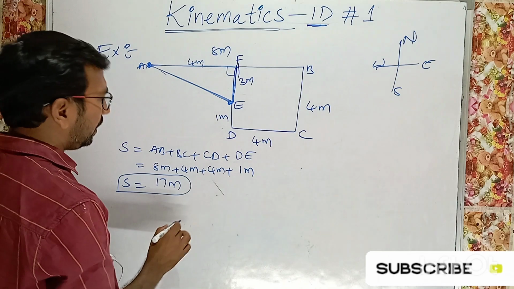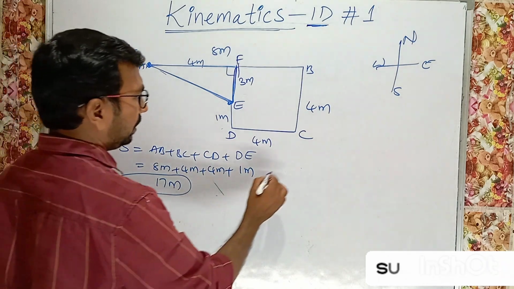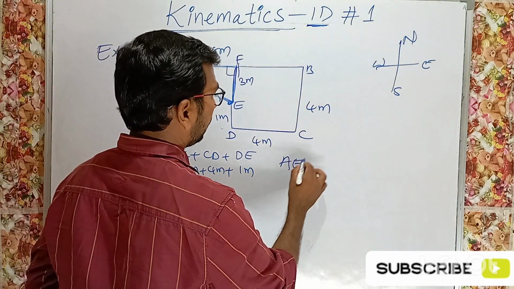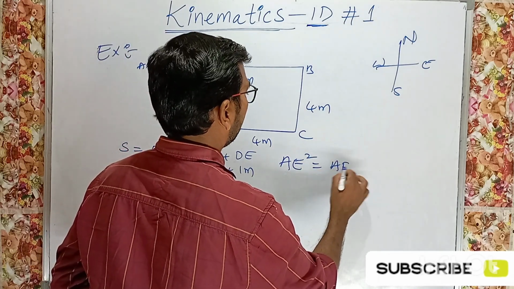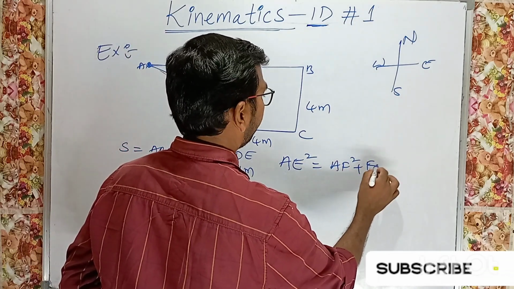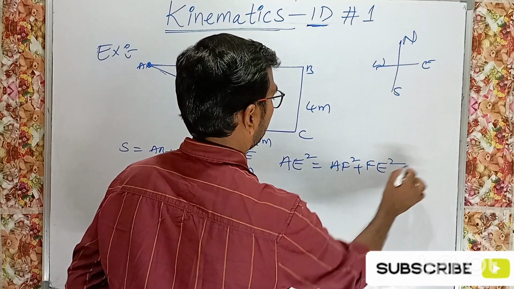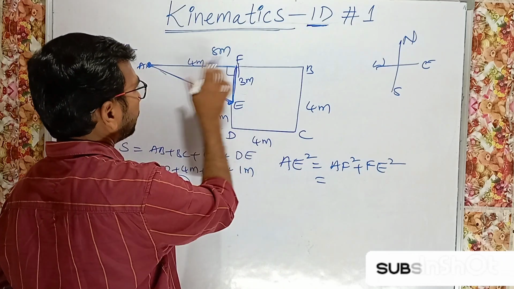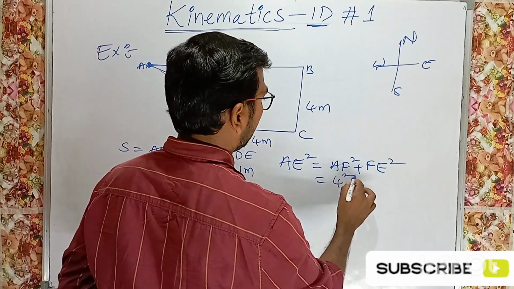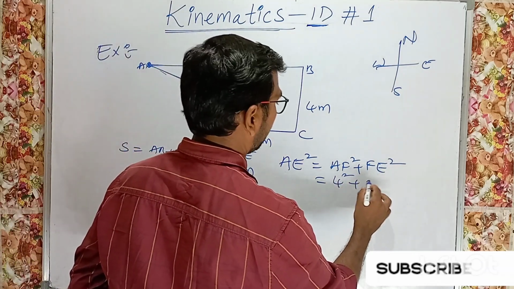So you can find here AE square is equal to AF square plus FE square. Here AF square is 4 square plus FE square is 3 square.